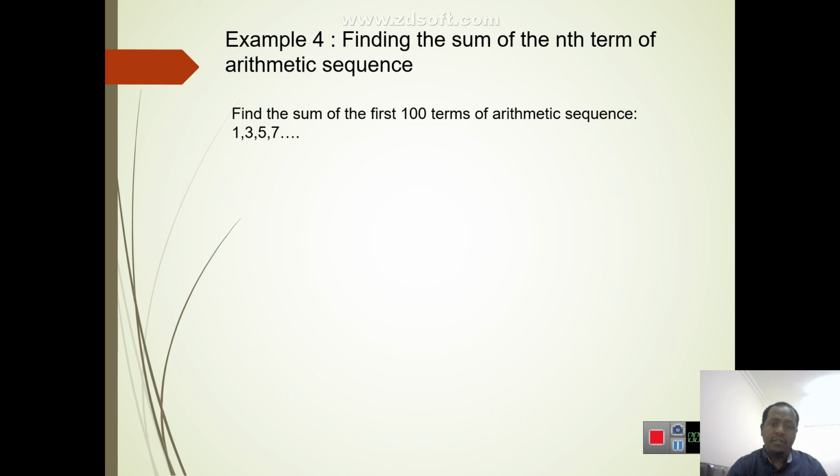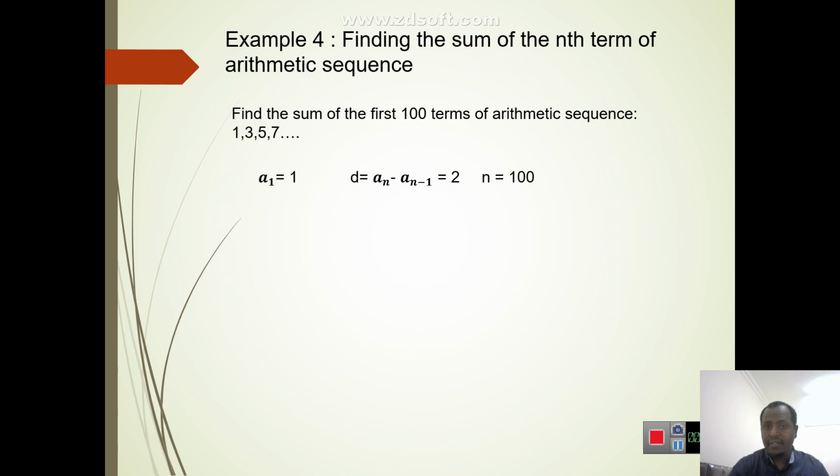To find this sum, the first thing you need to do is find the common difference, the value of n, and the value of the first term, and you have to know the last term, which is a sub 100. So let's see how we are going to find these values.